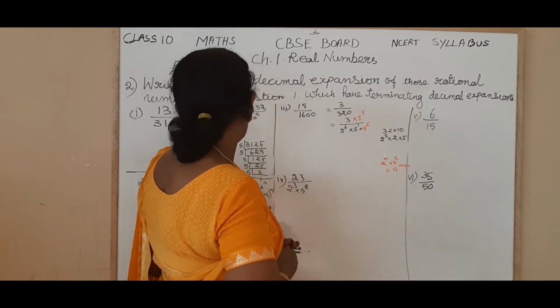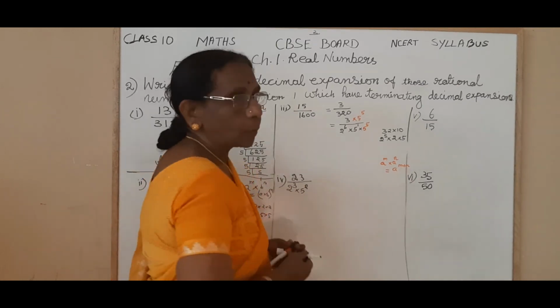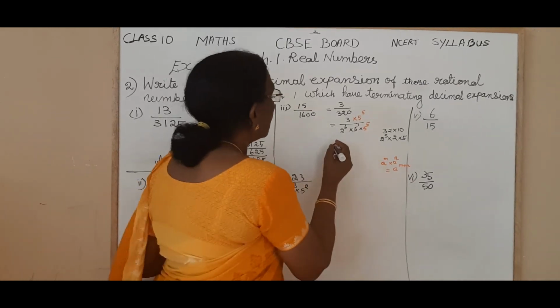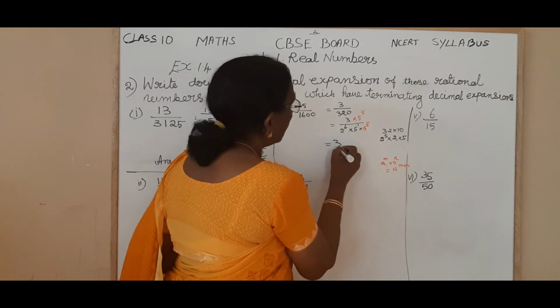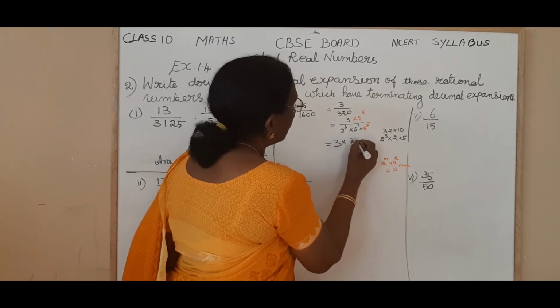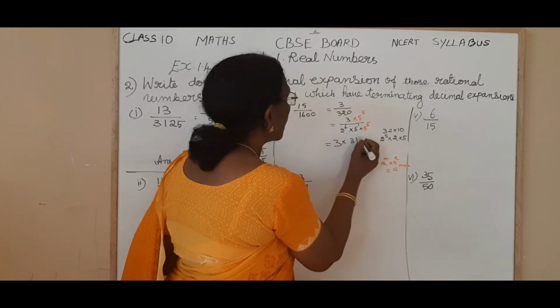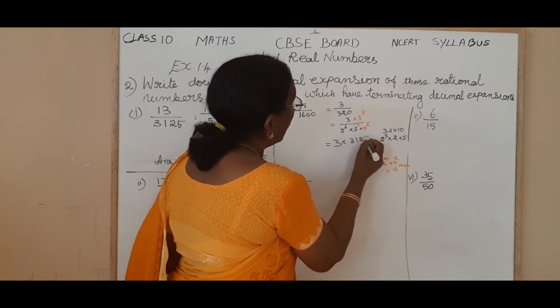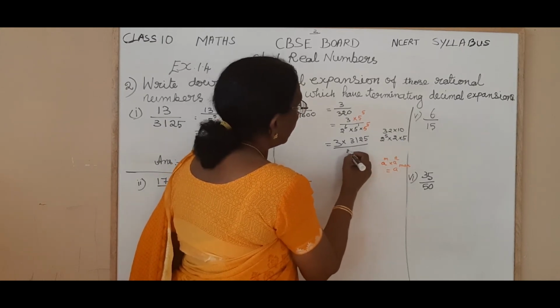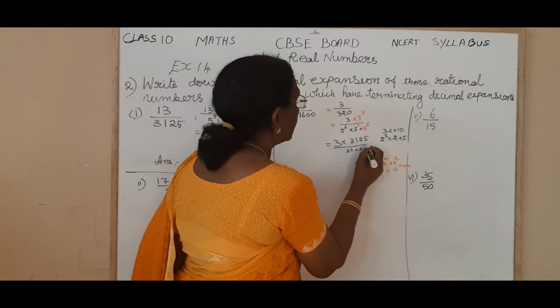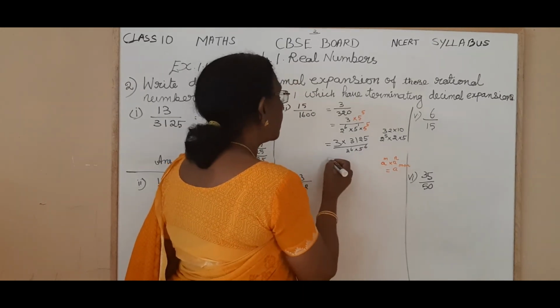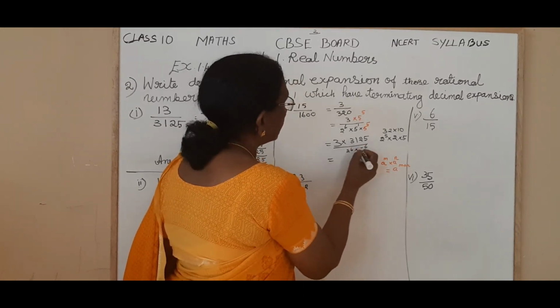Already we have done it: 3125. So here 3 into 3125 by 2 power 6 into 5 power 6. So what do you get? Multiply by this.